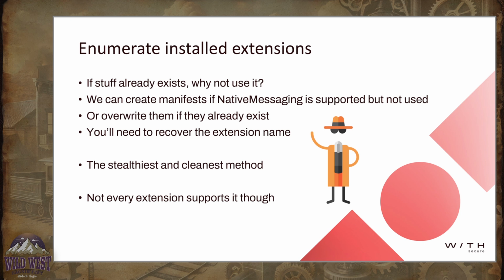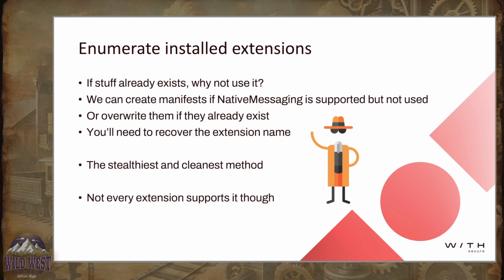The main downside is not every extension supports native messaging. As I say, it has to have the native messaging permission explicitly set. However, in my experience, a lot of the time, native messaging is an optional feature. So a lot of extensions have support for it, but it's not required to have it configured for the extension to work. A lot of the time, I've seen it in client environments where it's just not being configured because the sysadmins probably don't even realize it's got native messaging capabilities, right?